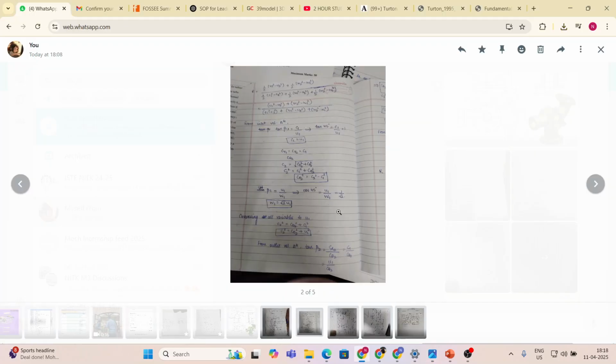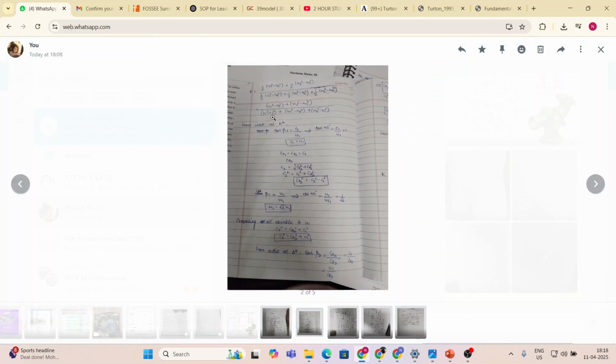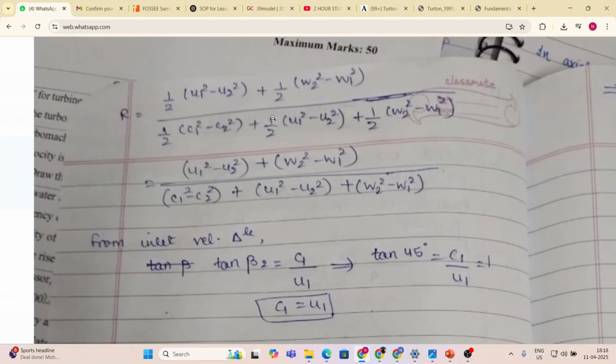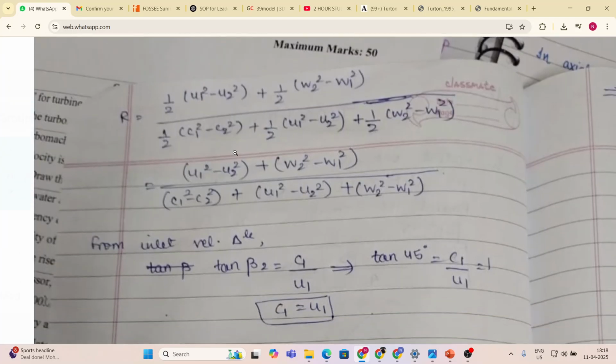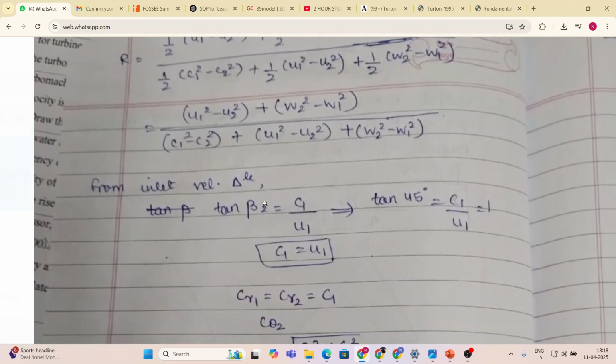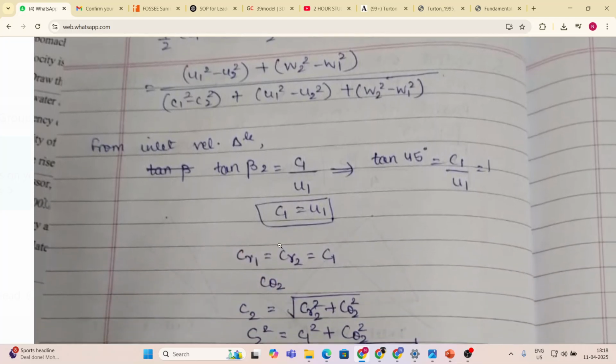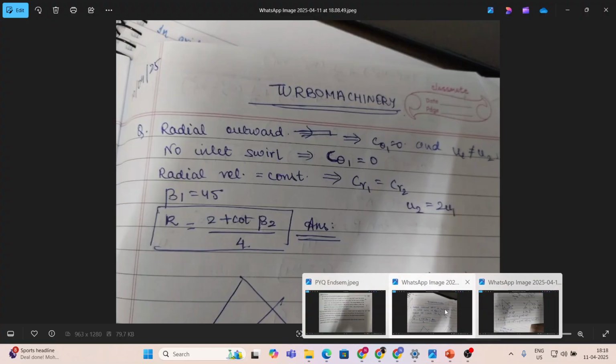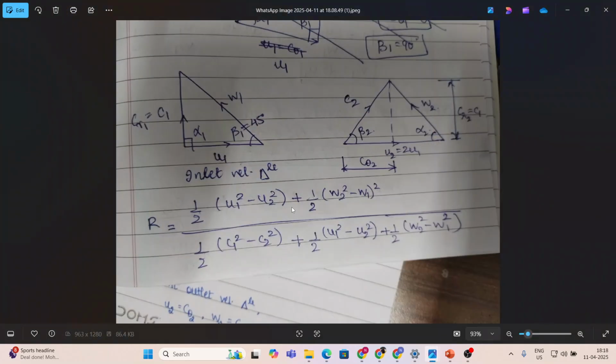As you can see, I've written the same formula again, but I have cancelled all the halves. From the inlet velocity triangle, you can observe that tan beta 1 is equal to C1 by U1.